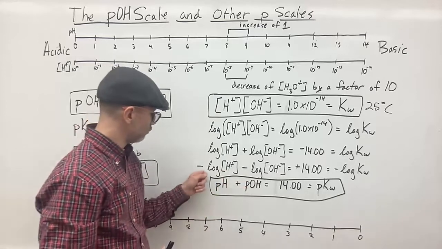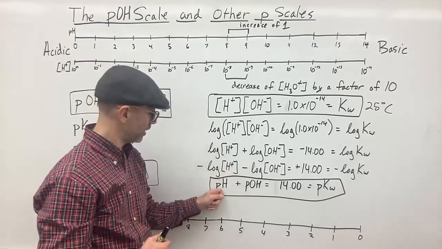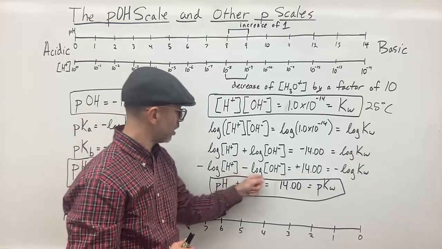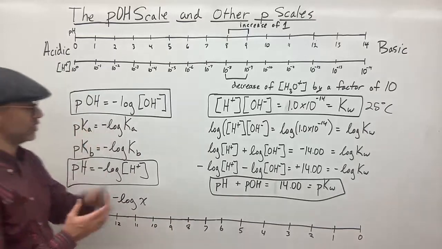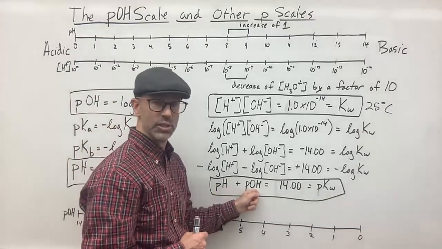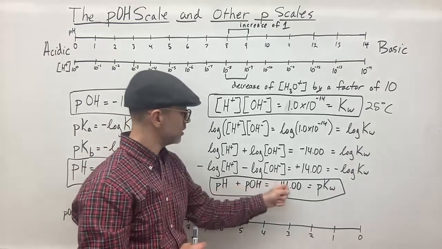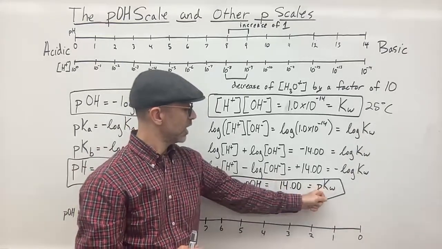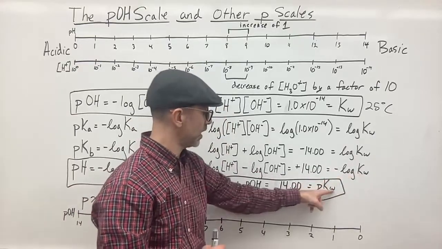So if I have the negative log of H plus, we said that was the pH. And then the negative log of OH minus, we just saw, is the pOH. So pH plus pOH is going to be equal to 14, which is the pKw. So negative log of Kw is the pKw.